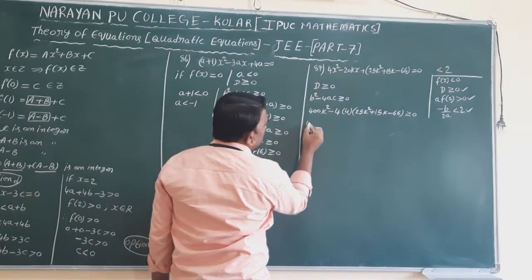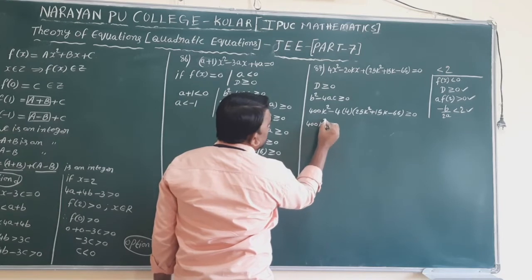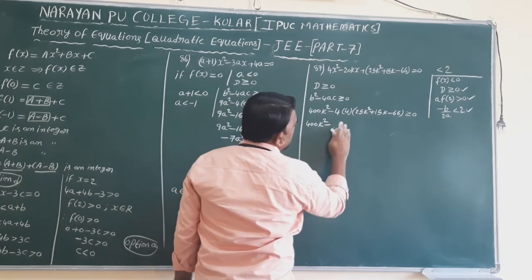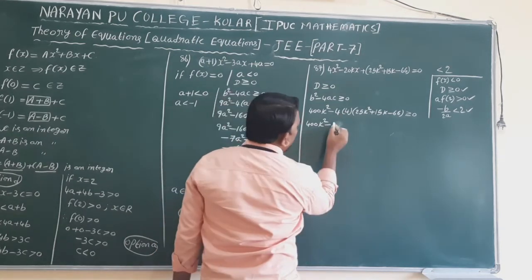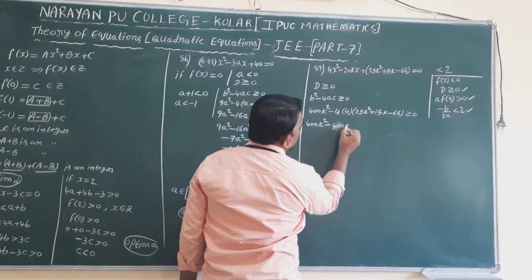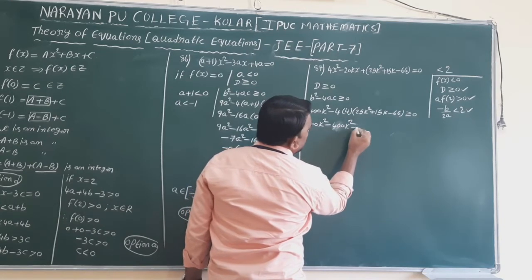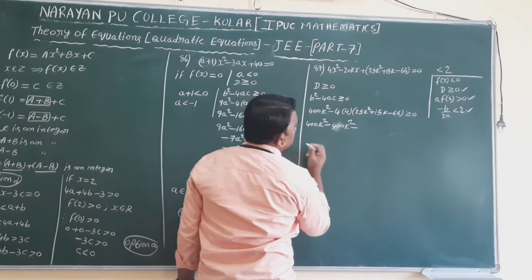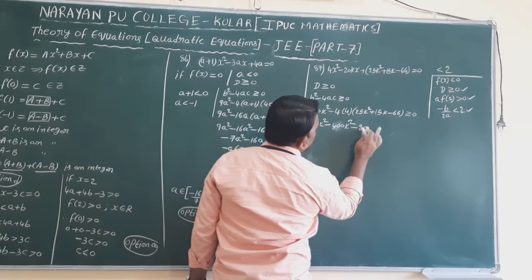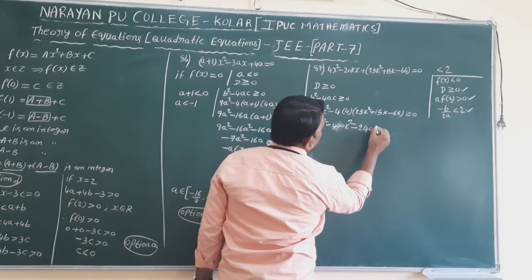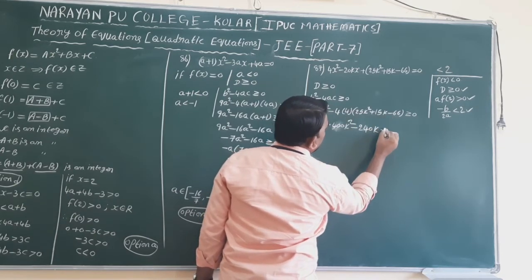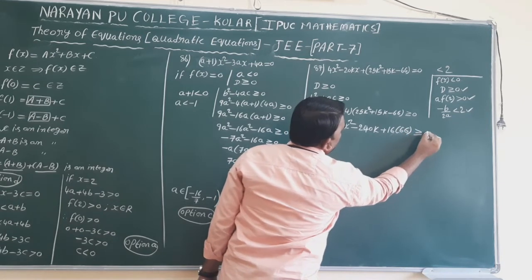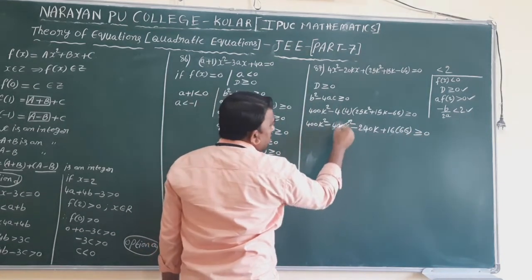Simplify that. 16 into 25 is 400k², minus 16 into 15 is 240k, minus into minus plus 16 into 66. Keep like that, don't simplify.